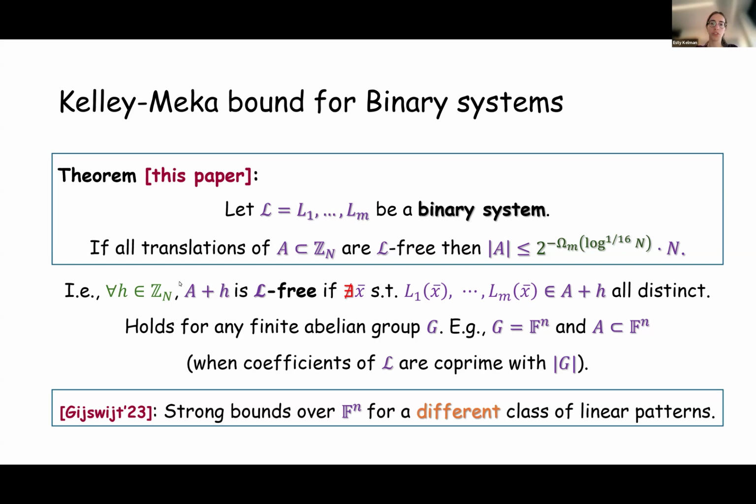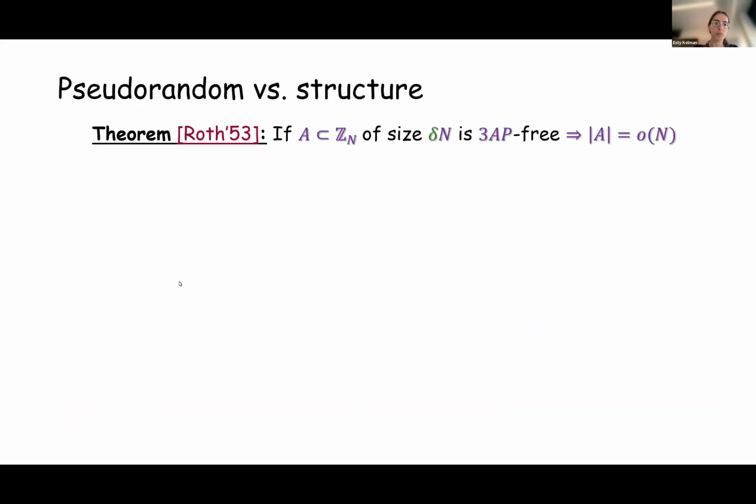So how do we prove such theorems? The main framework is pseudo-randomness versus structure, or in other words, a density increment argument. And let's see how it works for Roth's theorem. So we say that if A is 3AP-free, then it must be small.